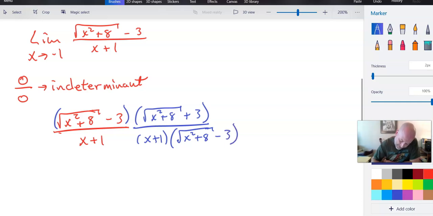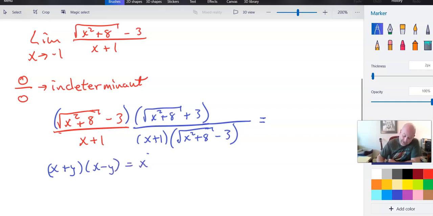minus 3. Now, one of the things I want to point out is a lot of the time when you multiply by these conjugates, the only one you're actually going to multiply out are the ones that are conjugates. So one of the things that's nice about conjugates is they're really following this pattern, right? The difference of squares.